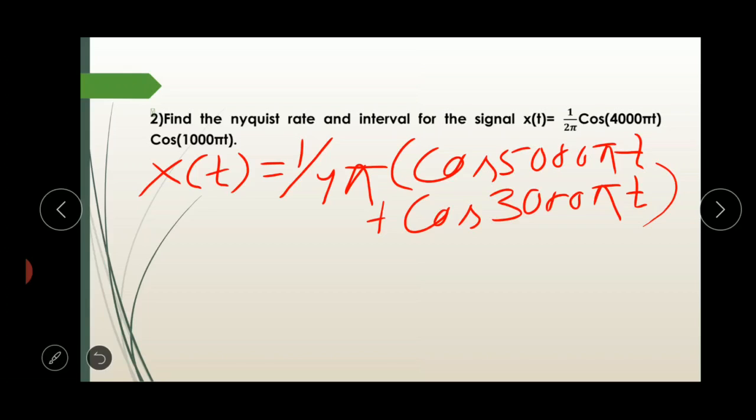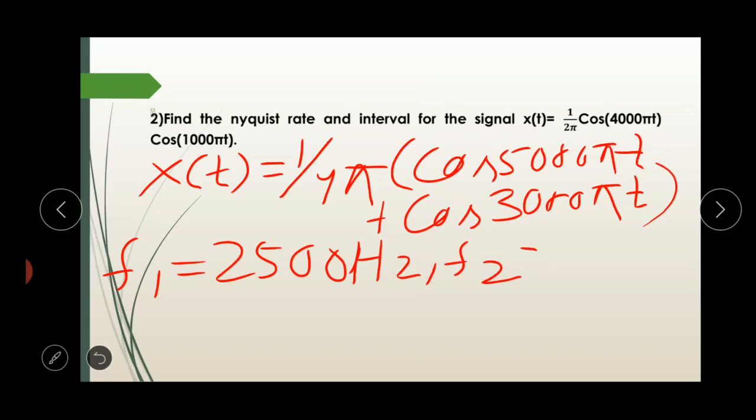In the first term, omega 1 equal to 5000 pi t. After solving, we get f1 equal to 2500 Hertz. Then in the second term, 3000 pi t, that is omega 2. After solving that, we get f2 equal to 1500 Hertz. So in these two terms, the maximum frequency is f1.